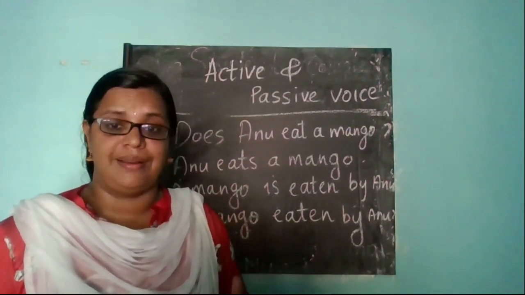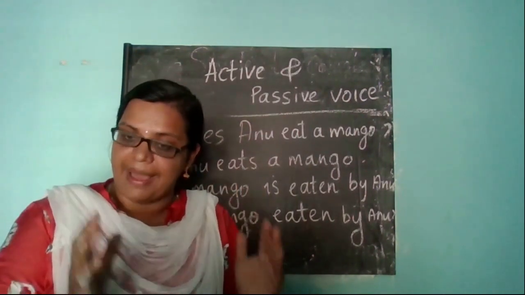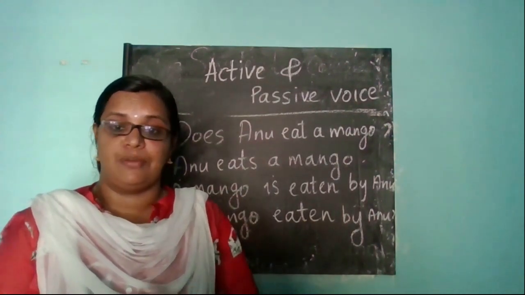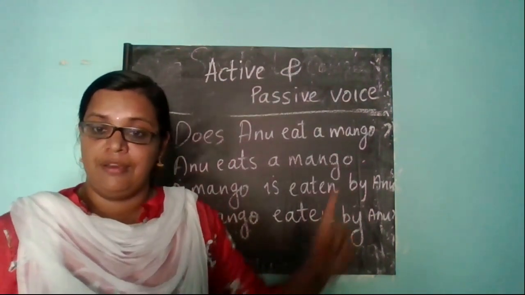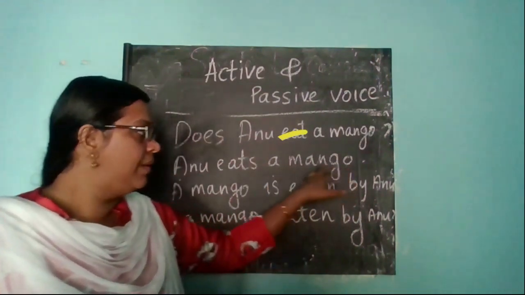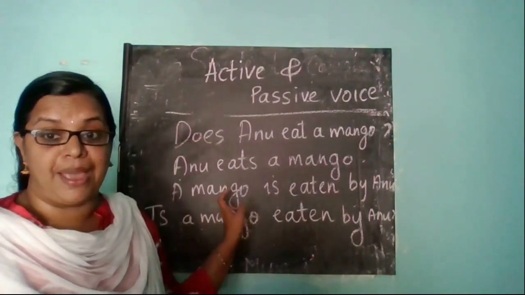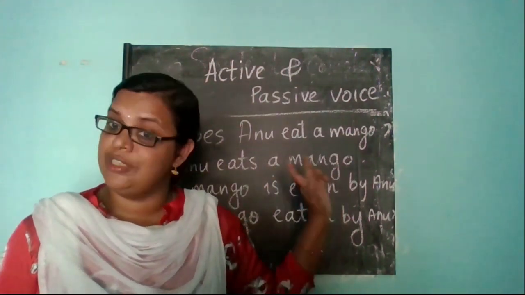Then as usual, you can convert that assertive sentence from active to passive. For that, which is the first step? Yes, you have to identify the object. Which is the object here? A mango. You can start with a mango. Then think about the tense. Which tense?